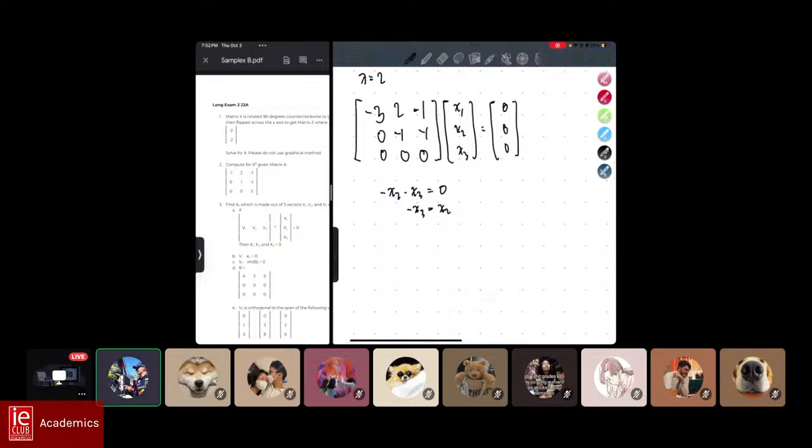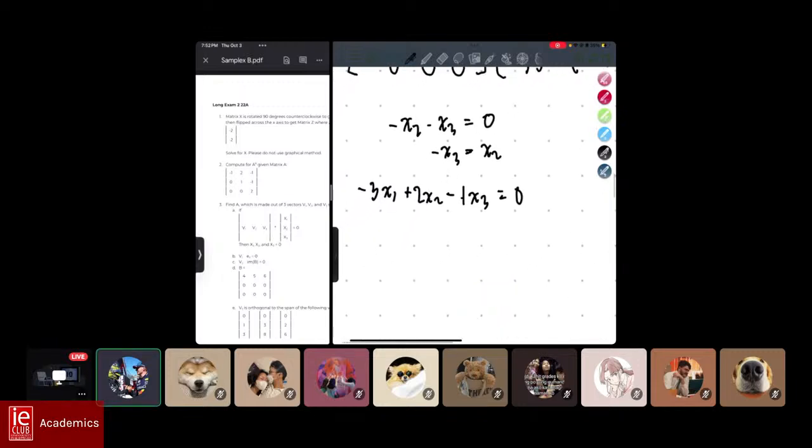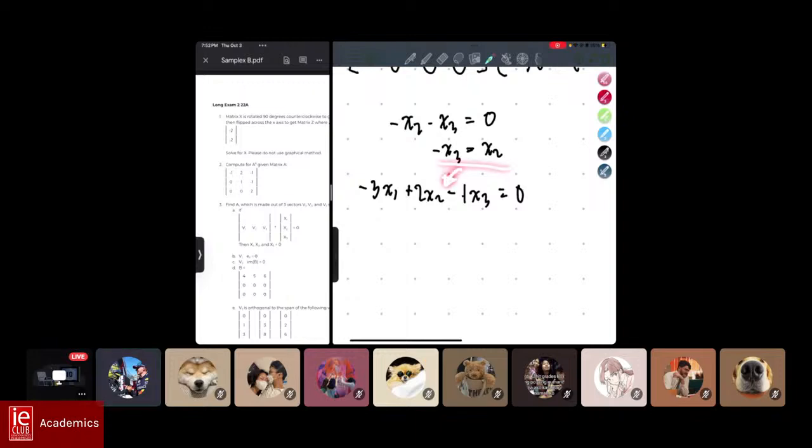The second piece of information we get is negative 3x sub 1 plus 2x2 minus 1x3 equal to 0. So, let's do a bit of substitution para magawa natin siya in terms of two variables. So, it's a bit easier. Let's use this here. So, since this will be true naman everywhere, we can do that.